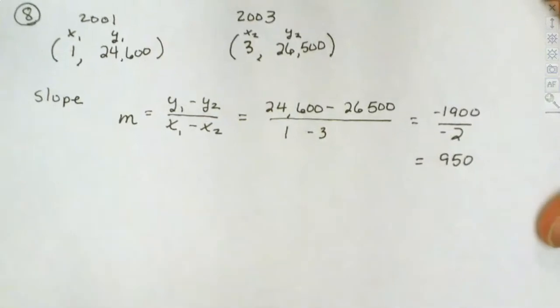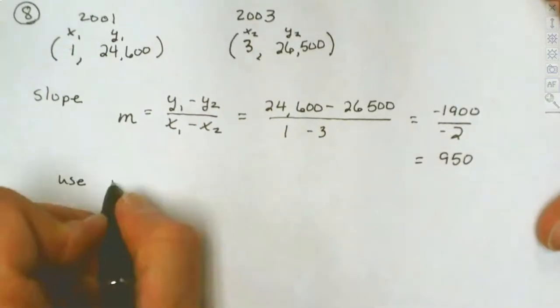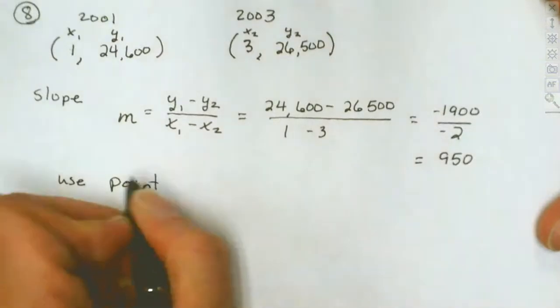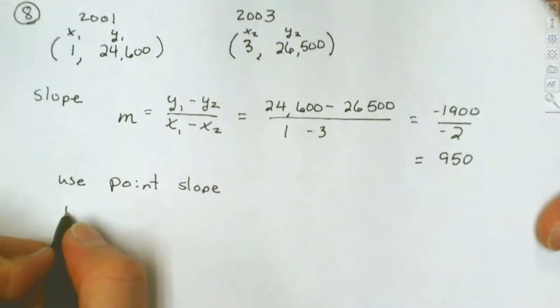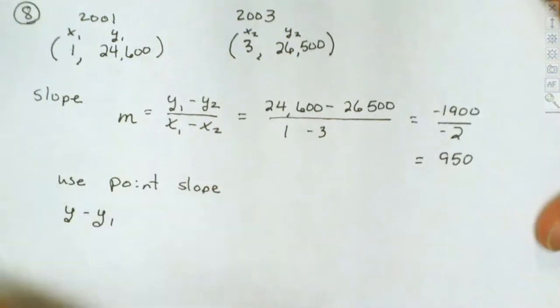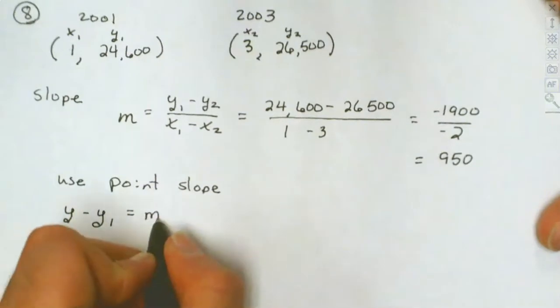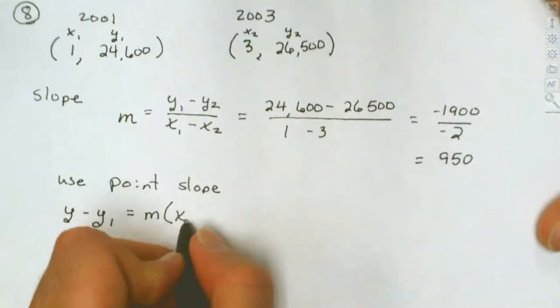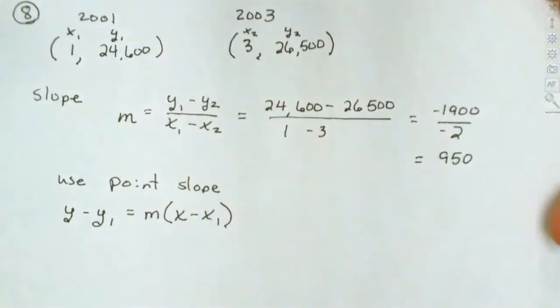So we need to now use point slope. And what's point slope? Well, that is y minus y1 equals m times x minus x1. And we've got our slope, which is that 950.